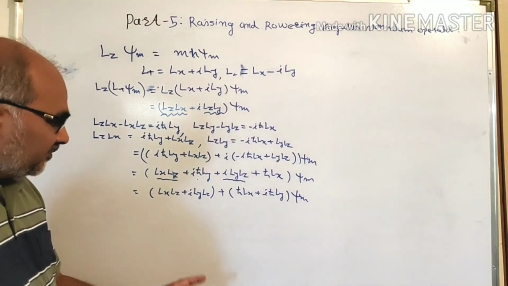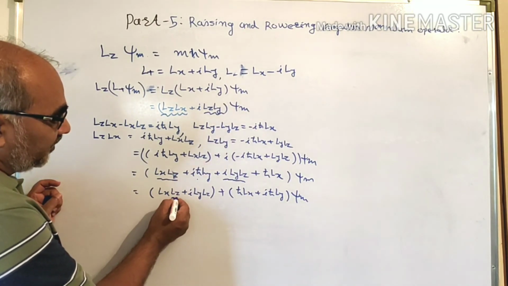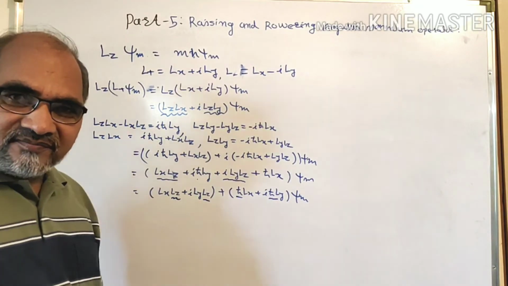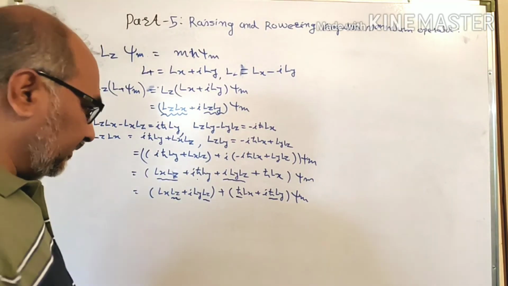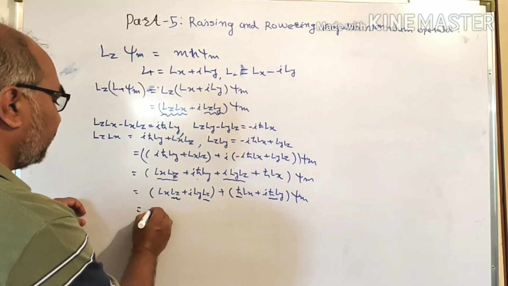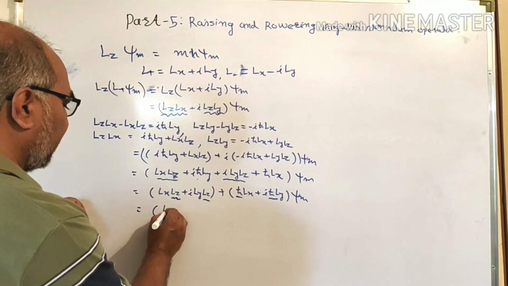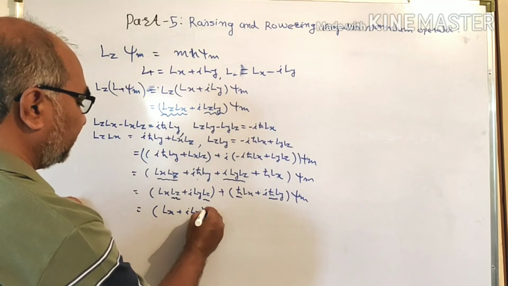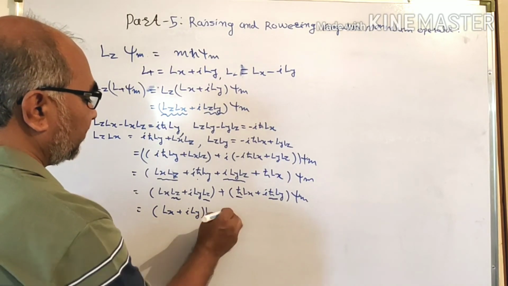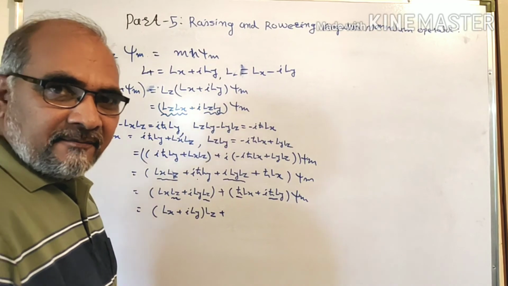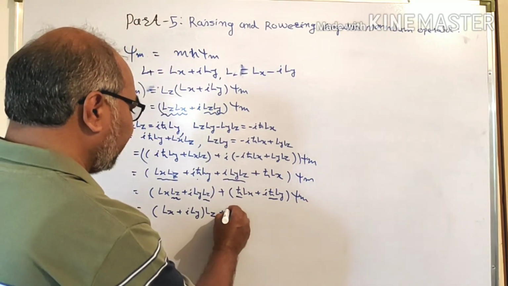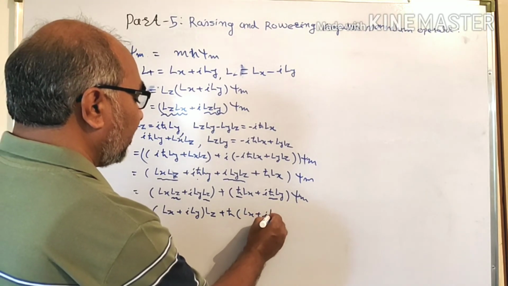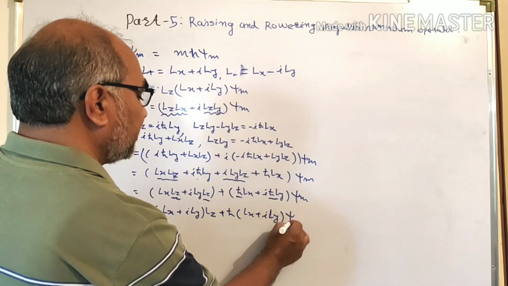Now from this we take the common Lz, and from the rest we take the common ħ. So this is equal to (Lx plus iLy) Lz plus ħ into bracket (Lx plus iLy), and this operates on psi m.